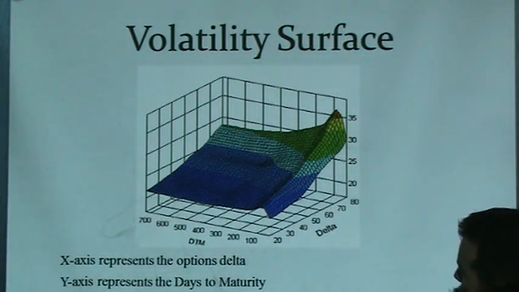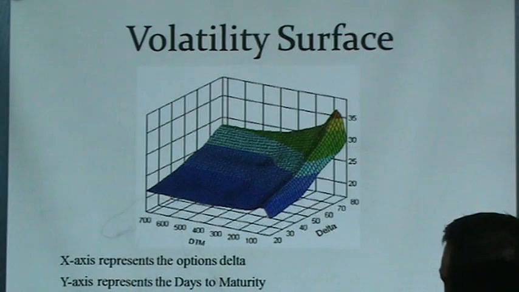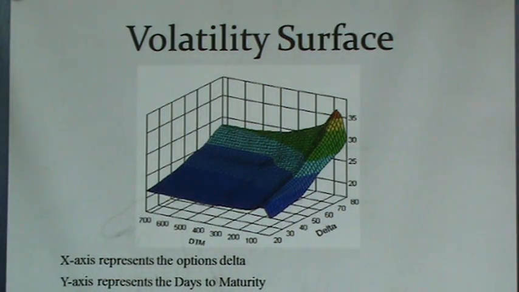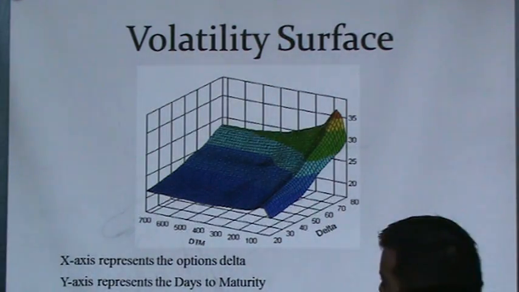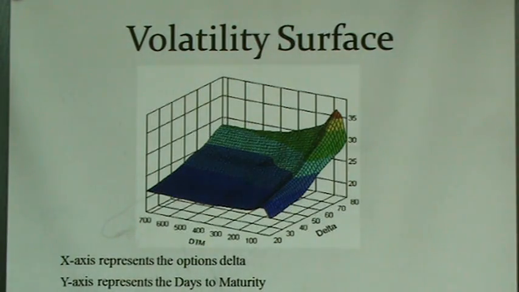Okay, and then the other thing is, that curve is in 2 dimensions. You can add more dimensions to this. Once you get into a 3rd dimension, it starts to become a surface, not a curve. We could map the delta. If you remember, the delta was the change in the option price with respect to the change in the stock price, and then days to maturity, and then the z-axis would be the implied volatility.